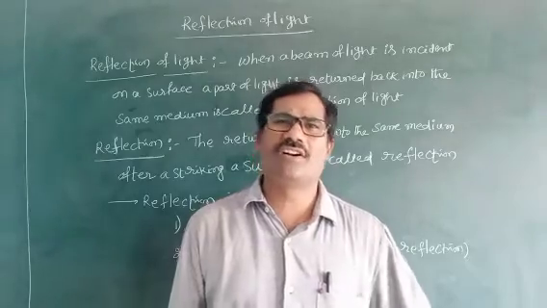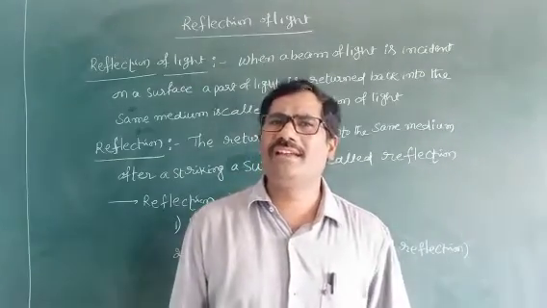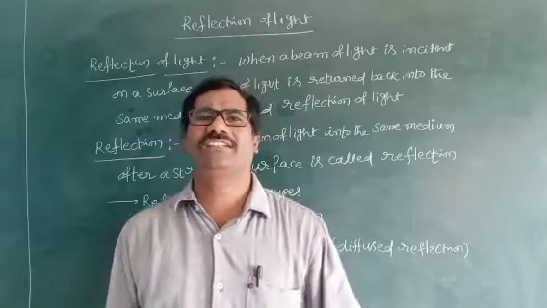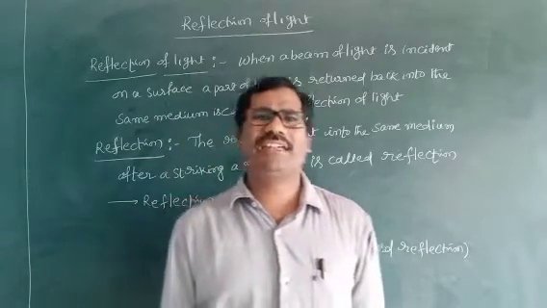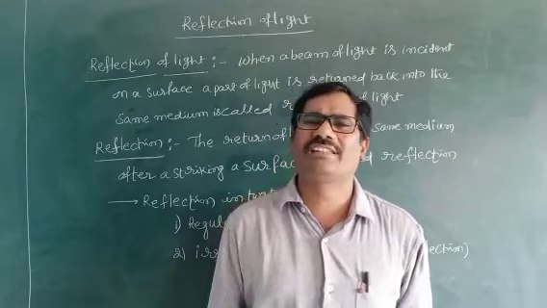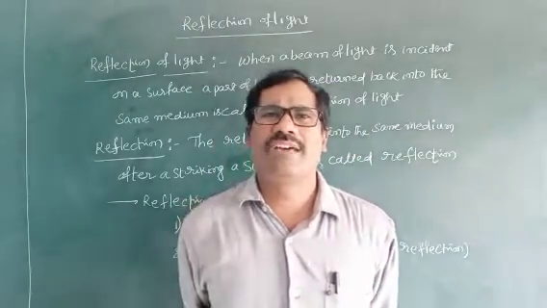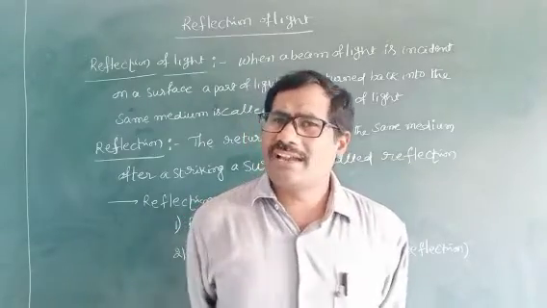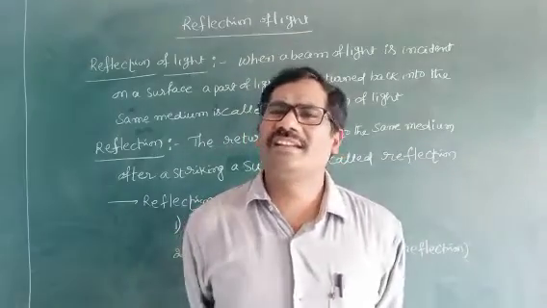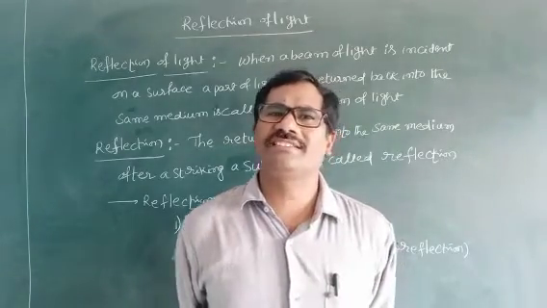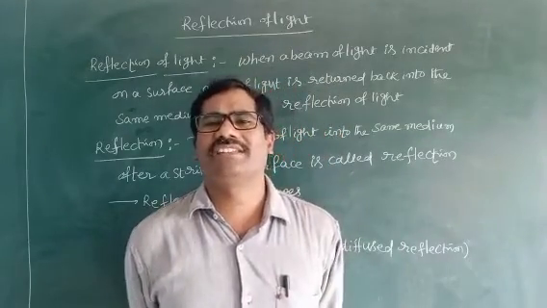When the reflecting surface is very well polished and smooth, the light that falls on it is regularly reflected. This is known as regular reflection.